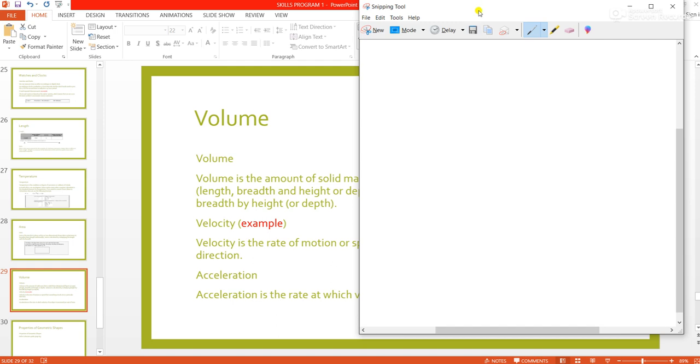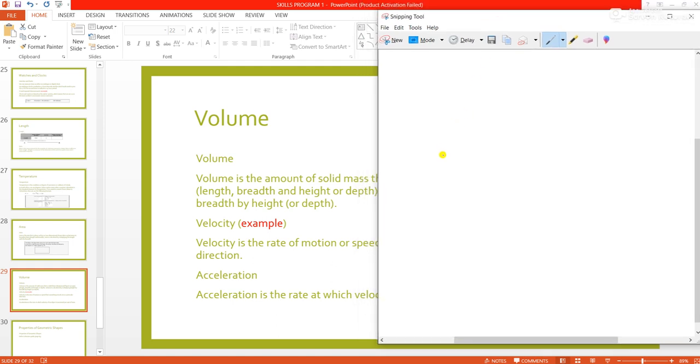For velocity, we've got a formula with d for distance, s for speed and t for time. So this is how to calculate velocity.